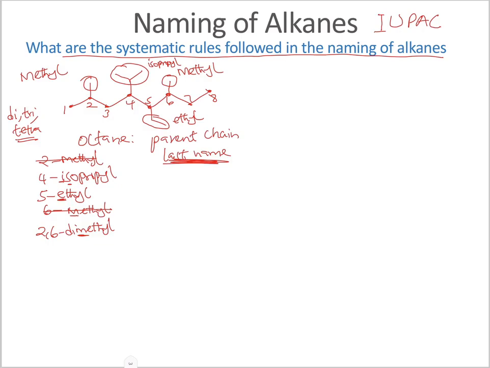So we are going to start with ethyl, so 5-ethyl, and then 4-isopropyl, and then we have 2,6-dimethyl octane.